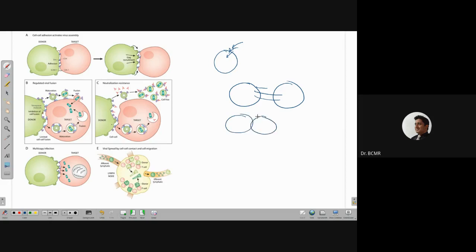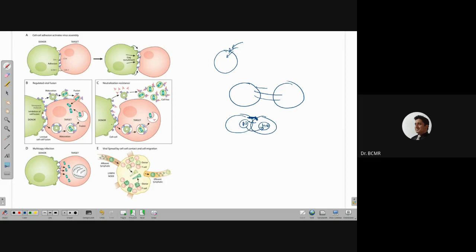They interact. By the way, Alcam is a cell surface protein, which will allow the binding and clustering of different cells, and that is going to increase the probability of HIV virus going from one cell into another cell.